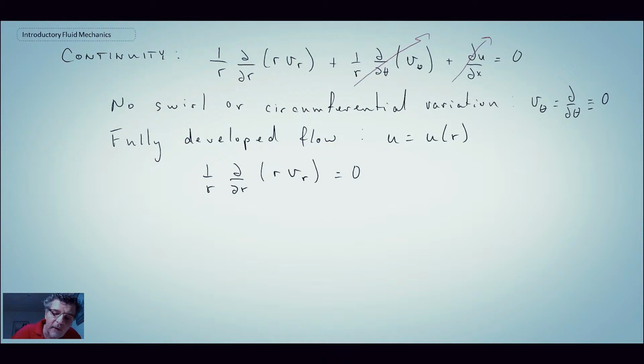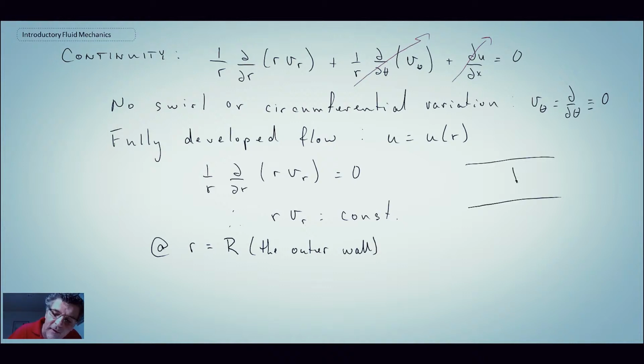If we integrate that equation, we get r v_r is equal to a constant of integration. In order to determine that constant, let's apply the boundary conditions. One boundary condition is at r equals capital R, which is the outer wall. If this is our pipe, r is the radial location from the center line, so r equals capital R is the outer wall.